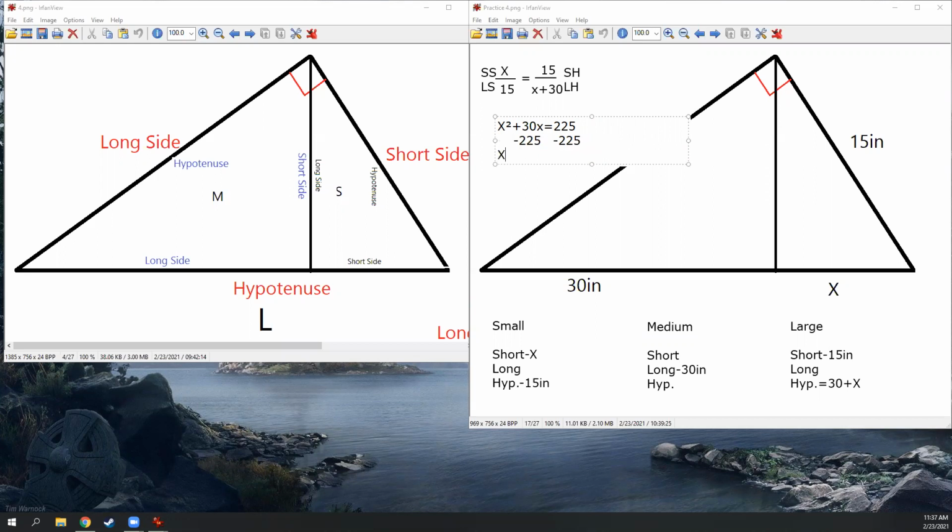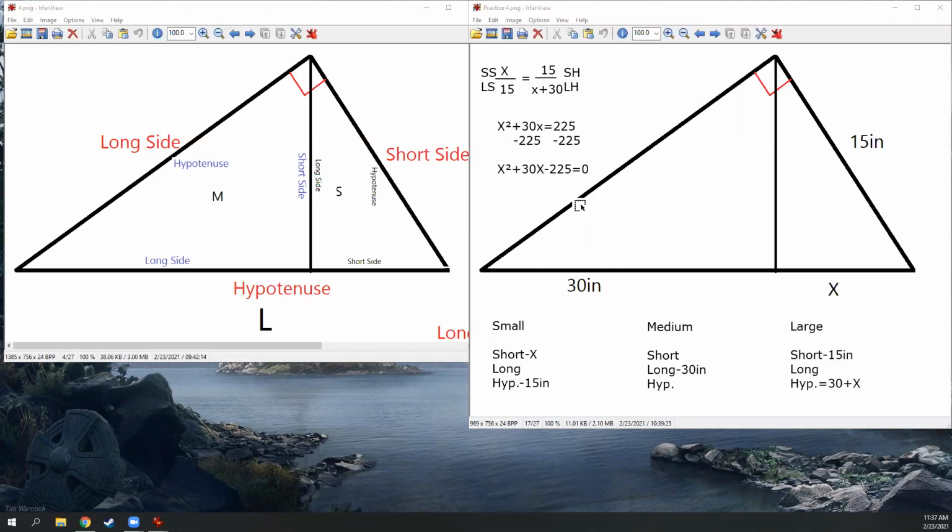We would have x squared plus 30x minus 225 equals 0. Right? From there, we would do the quadratic equation, because I don't think you can factor that. And I'm not going to sit here and do that.